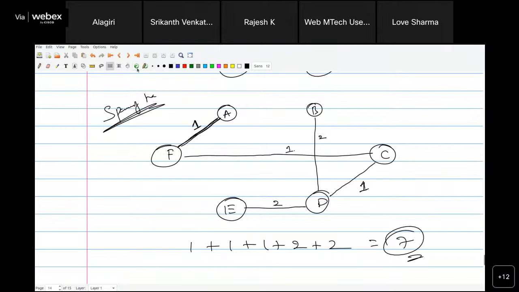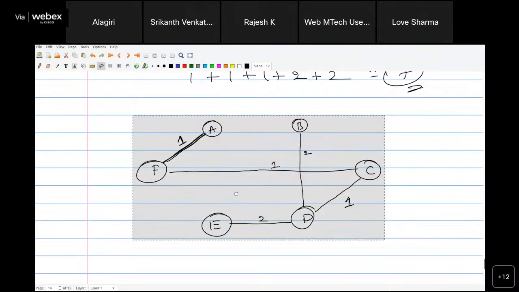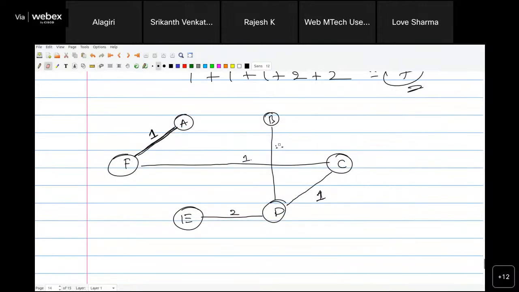So instead of this edge, I can pick this edge.